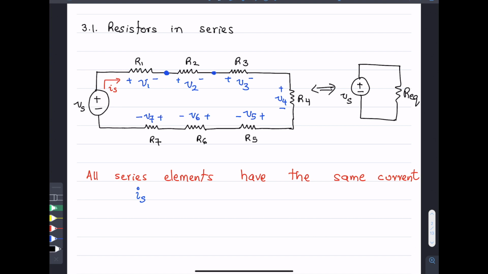And I'm going to show you that R equivalent, when you have a bunch of resistors in series, is simply the sum of all those resistances.